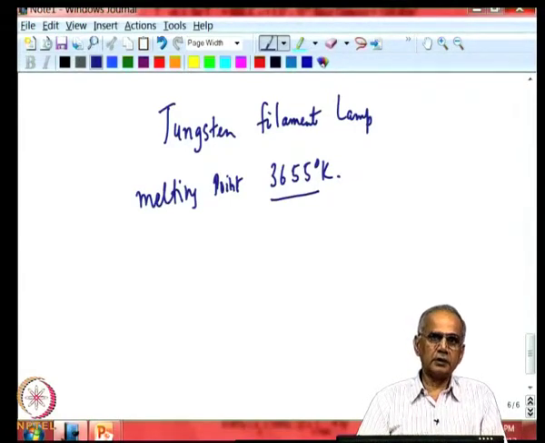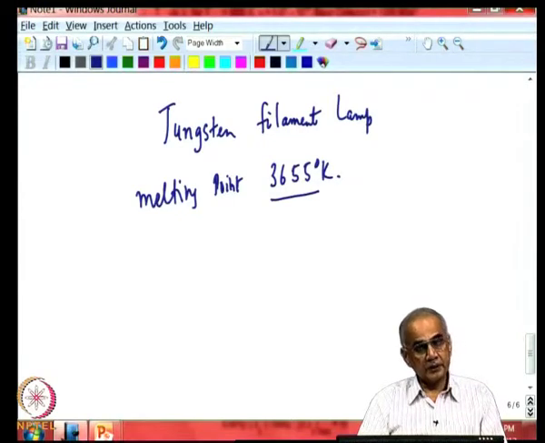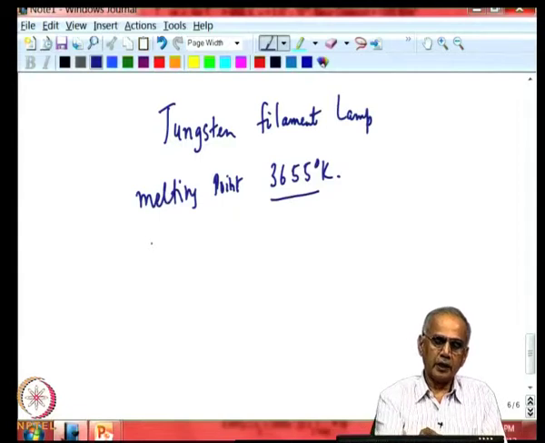So, the challenge in design of the tungsten filament lamp is to keep the temperature sufficiently low, so that it does not lose material rapidly, but at the same time the temperature has to be high enough that there is sufficient radiation in the visible.